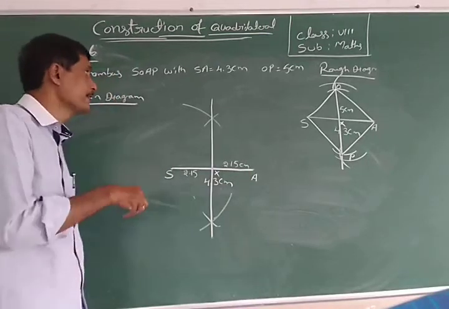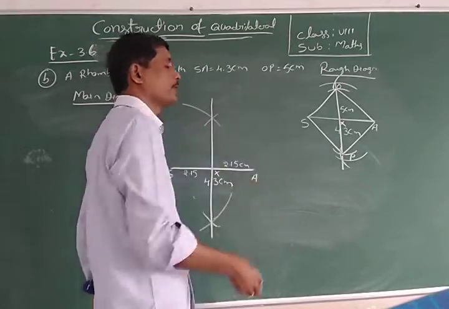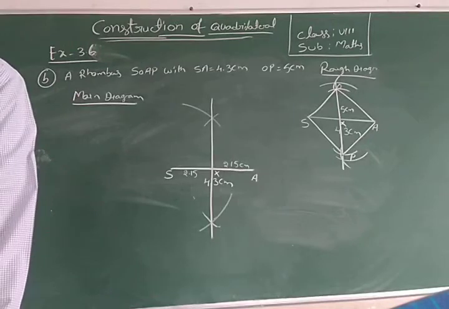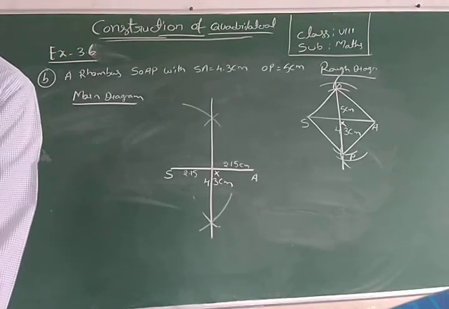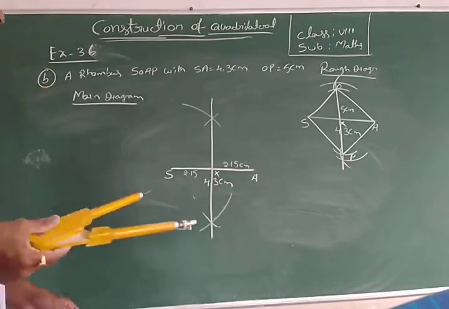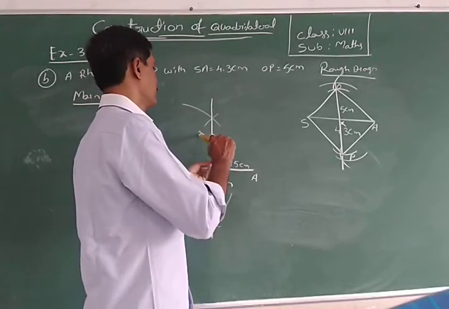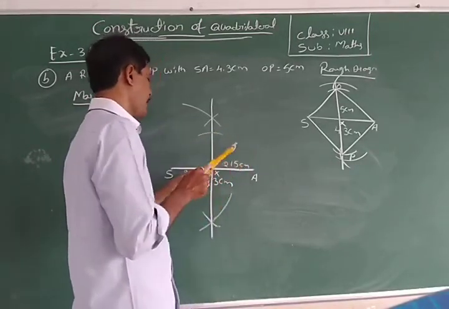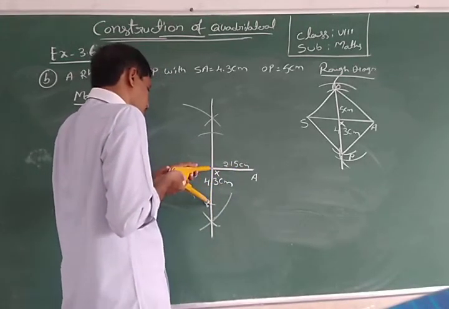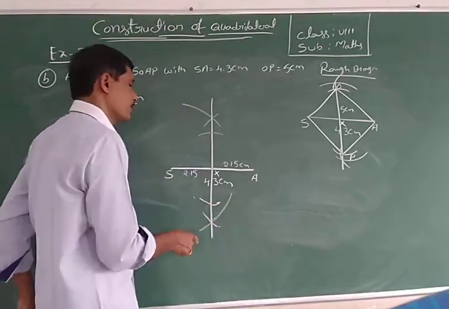Next, OP equal to 5 centimeters is given. Therefore, divide by 2, that is 2.5. Take X at the center, draw one arc up and the same down also, 2.5.